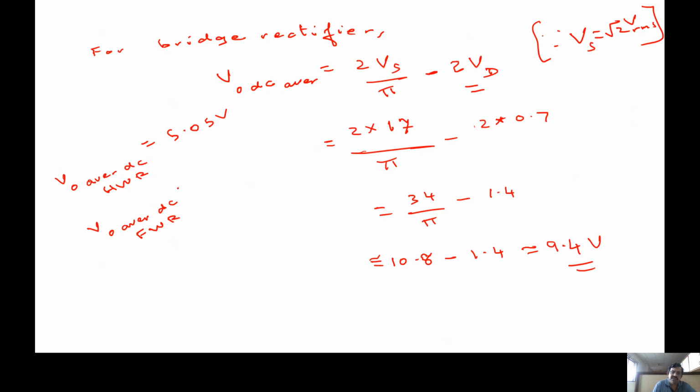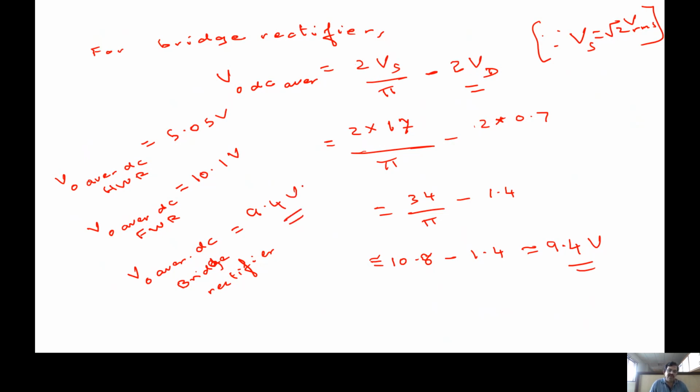It is 10.1 volt for the traditional full wave rectifier. Now V0 average DC for the bridge rectifier is 9.4 volt.